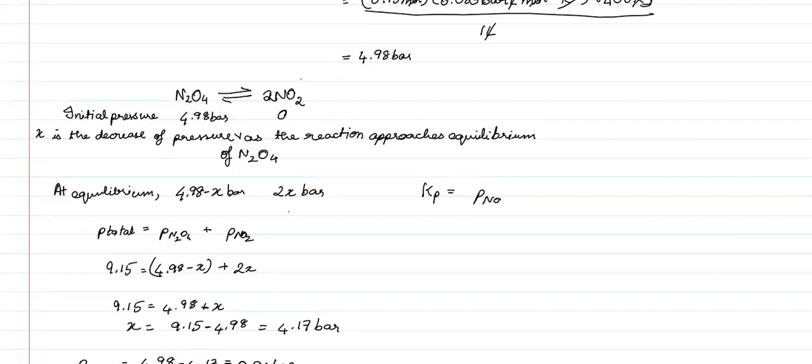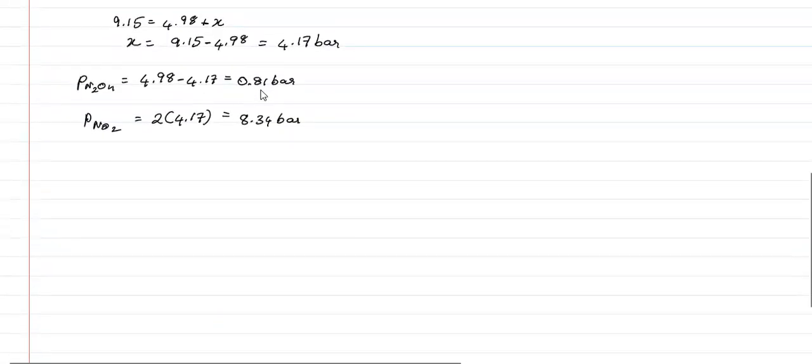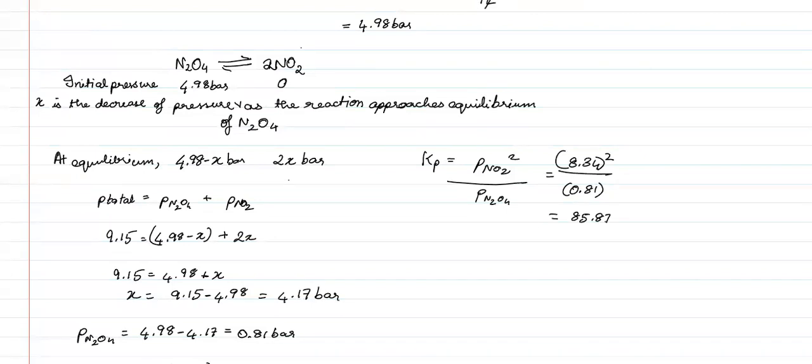So PNO2 square divided by PN2O4, which is equal to, we've calculated them both, that is 0.81 for PN2O4 and 8.34 for PNO2. So I'm just going to write those values over here. So 8.34 square divided by 0.81. And this is equal to 85.87. So we were able to calculate the value of Kp.